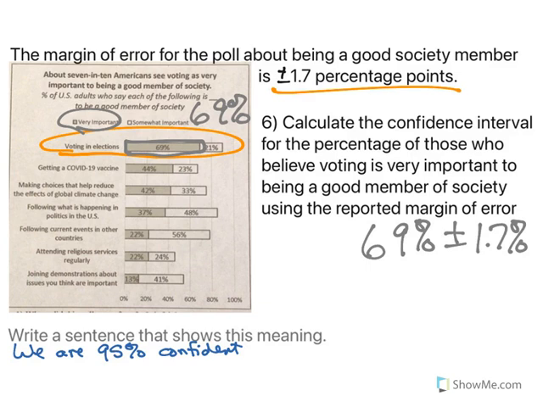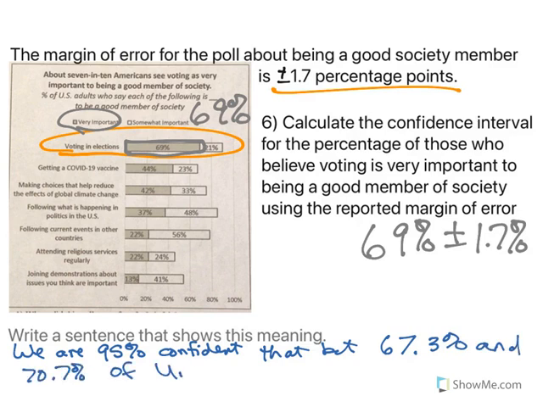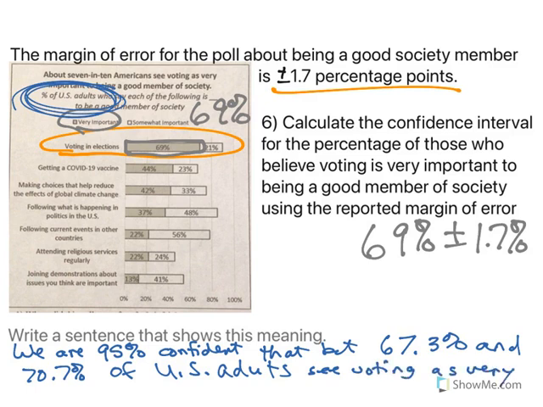If you get into a statistics course, you'll see different confidence levels, but for our purpose, we're always 95% confident in this quantitative reasoning course. So we're 95% confident that between 67.3% and 70.7% of U.S. adults, because that's who we talk to here, see voting as very important to being a good member of society.